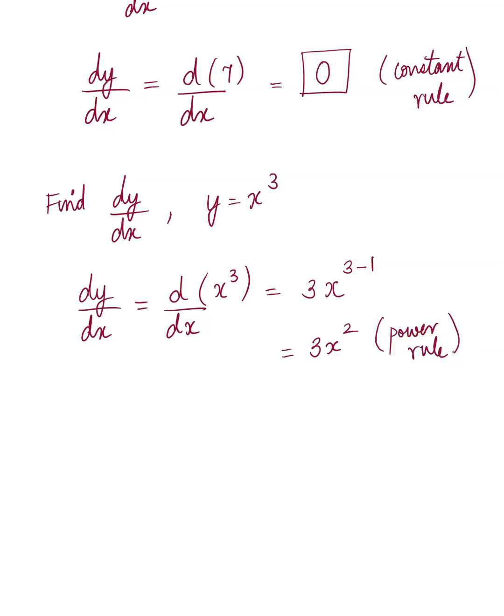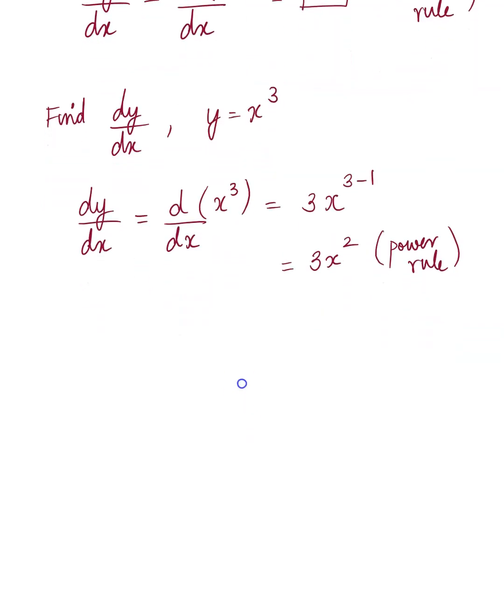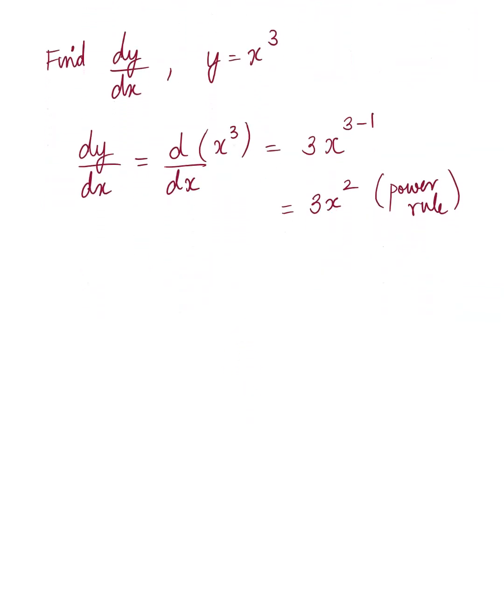Okay. Now I want to quickly give you the importance of these rules. These rules make our life so much easier, no doubt. But if you were to do it in the original traditional way of finding the slope, then you would have y, which is like your f of x, to be x cubed. And you will need an x plus h, which is x plus h the whole cubed.